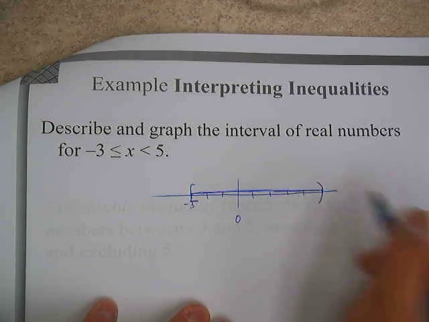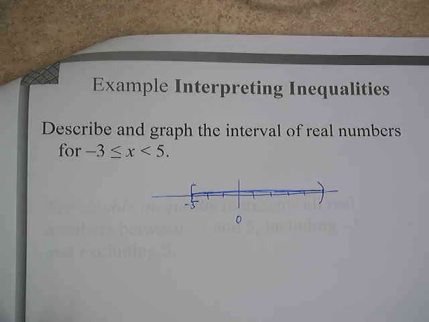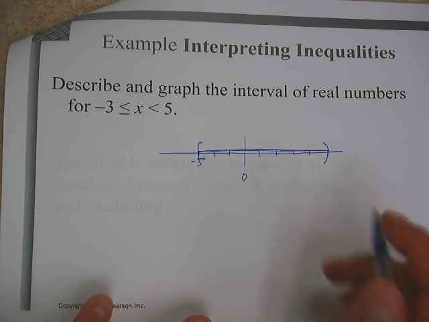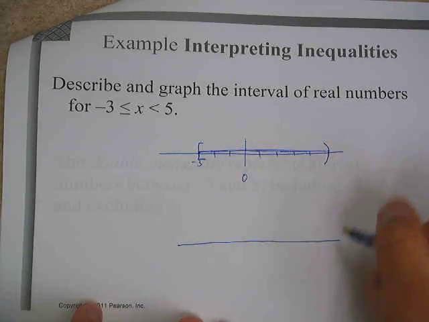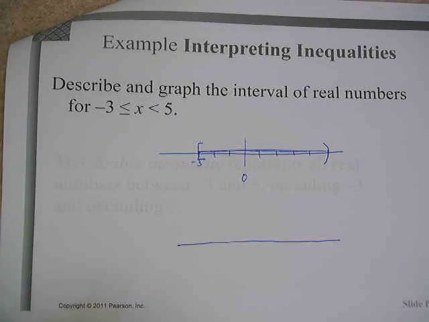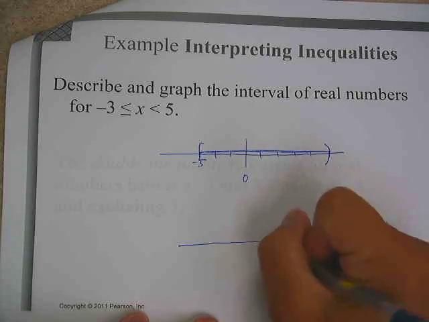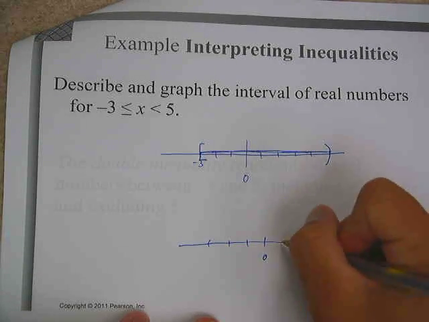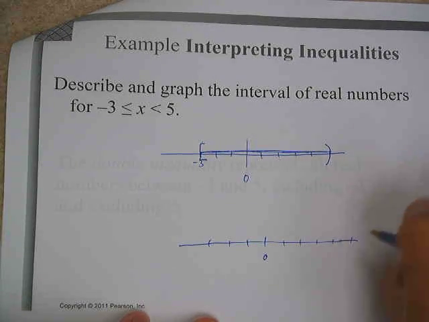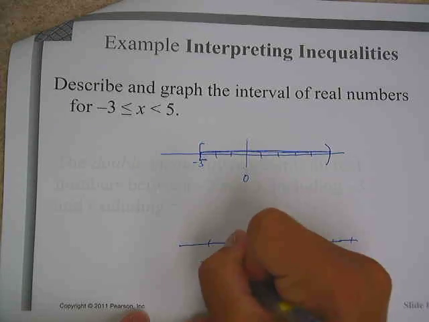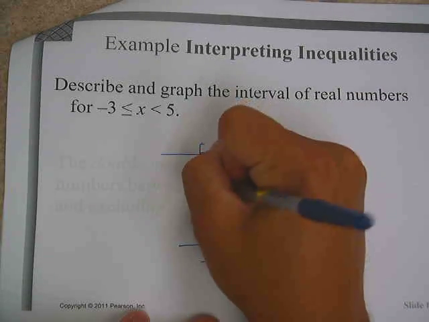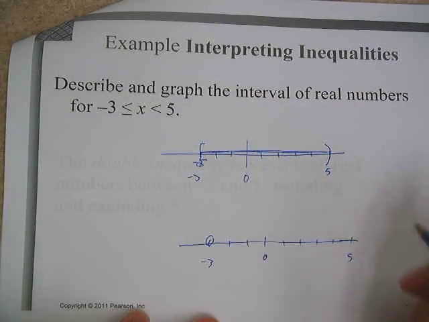And so at -3, which is this spot, what we want to make is a bracket, and at 5 we'd make a parenthesis. The bracket indicates that it's including, the parenthesis indicates that it's not including. And then between those two, we would draw a line connecting those two. So that would be one way to graph that particular interval.